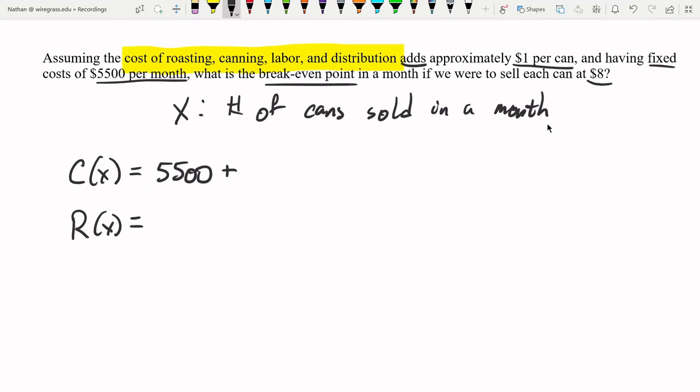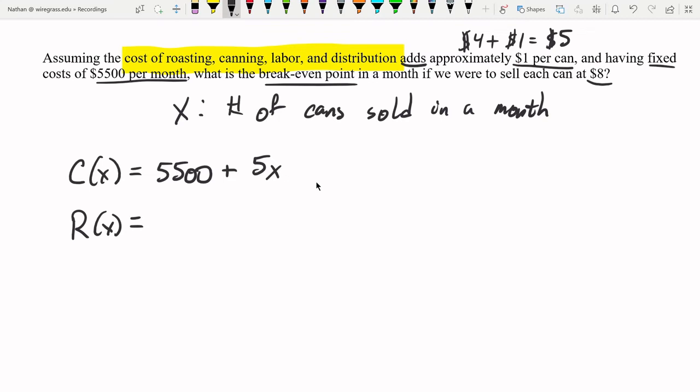So it's $5,500 for a fixed cost plus this variable cost of not $1 per can, but $4 from the previous problem, the cost to make the can, plus the $1 for the roasting, canning, labor, and distribution. That means it's $5 per can. So that's going to be a cost of 5x. If we produce x cans in a month, it's going to be 5x for that cost. This is our cost function.